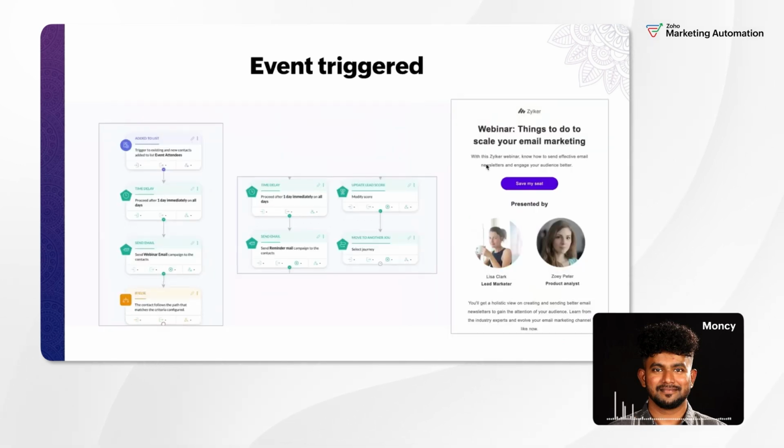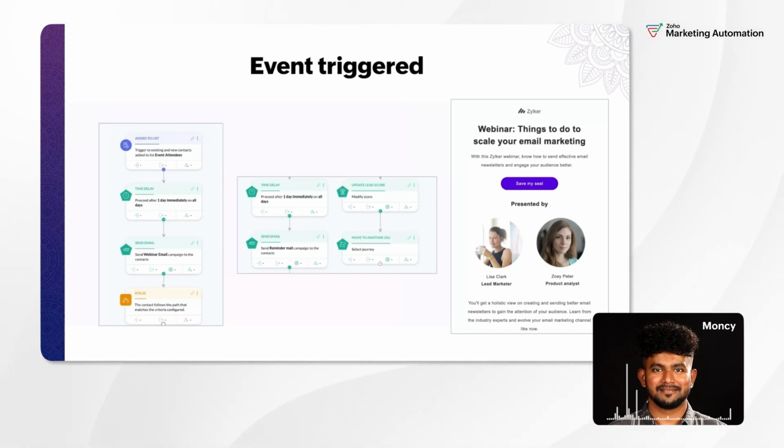And then comes event triggered workflows. I'm pretty sure you all would have received an email for registering for this webinar. We triggered this particular email using Zoho Marketing Automation's event triggered workflow setup.